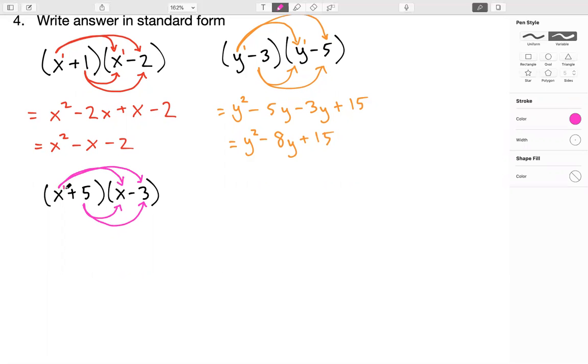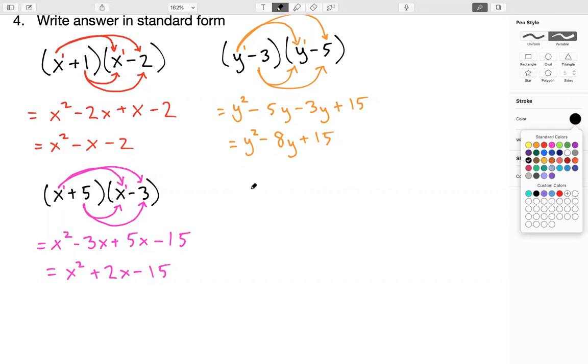X times x, remember that's a 1, that's a 1. 1 plus 1 is 2. X times -3 is -3x, the number always goes in front. 5 times x is 5x. 5 times -3 is -15. Combine the middle two terms, and we have x squared plus 2x minus 15.